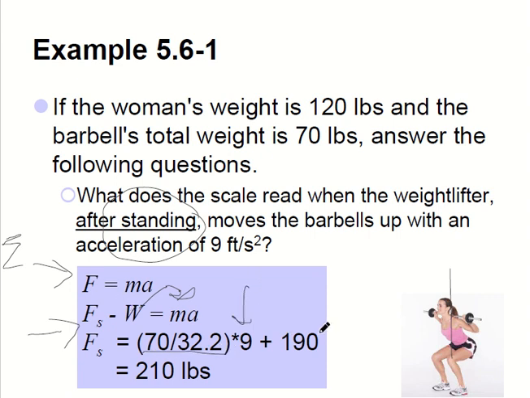When you move this, you get 190 pounds, which is the total weight, times 9, the acceleration of the barbell, and your barbell's weight is 70, and of course we divide by 32.2.